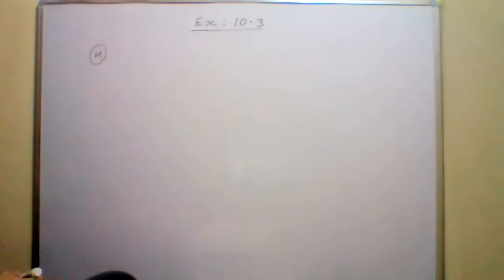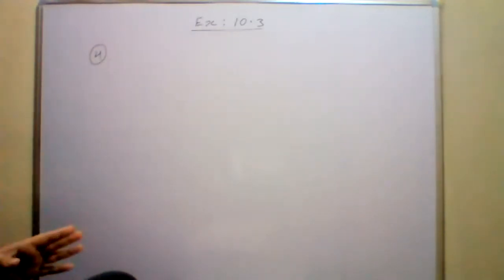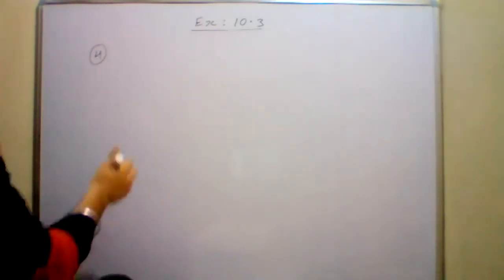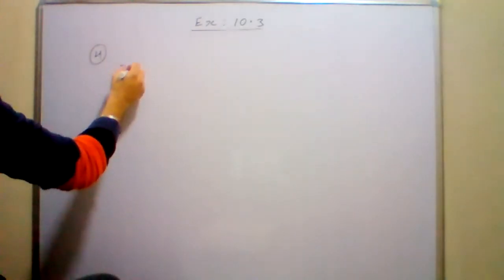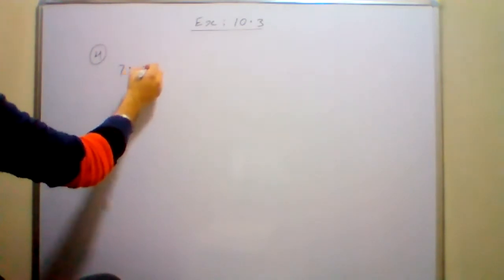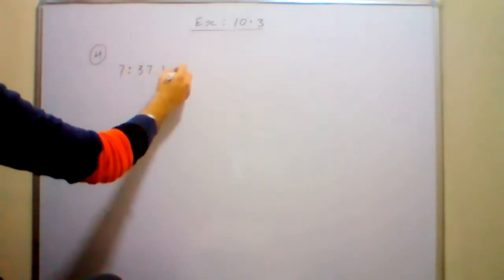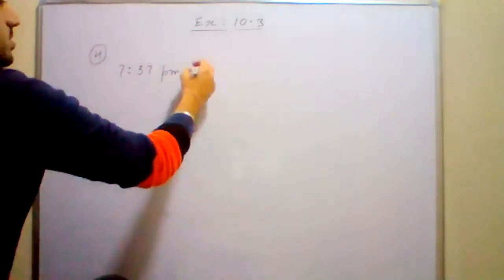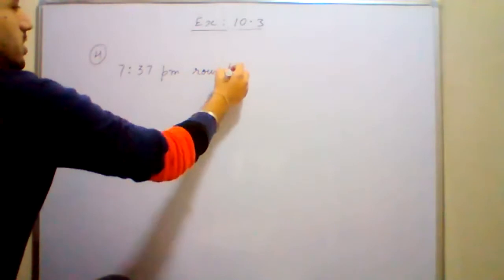Question 4. The boy नहीं है, ये a boy है. Mistake. हर बार ये ऐसी करते हैं. इस बुक में बहुत सारी mistakes हैं. A boy reached home at 7:37 p.m. Round this to the nearest 5 minutes. So you have to round off the time. 7:37 p.m. rounded off to the nearest 5 minutes.